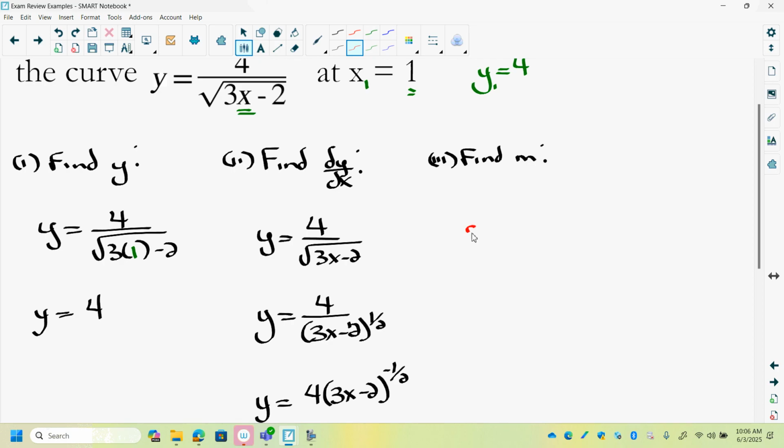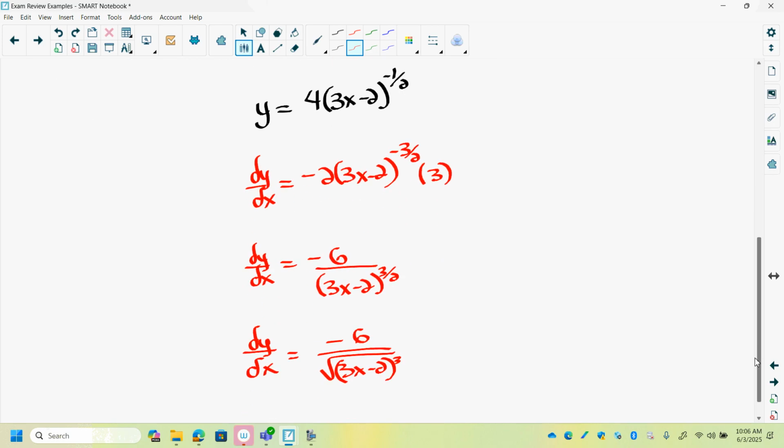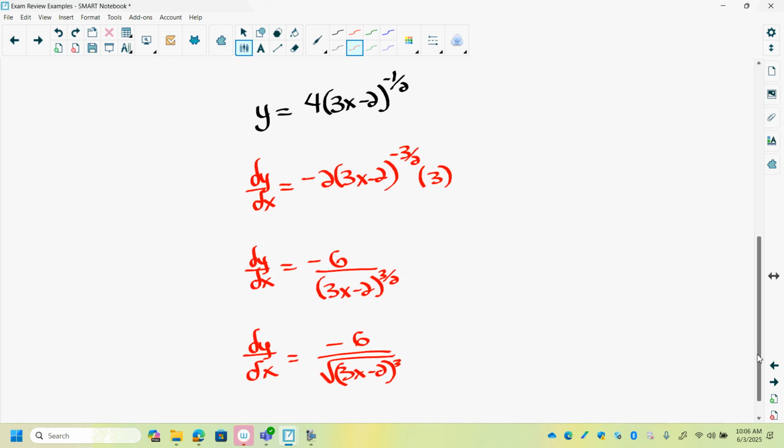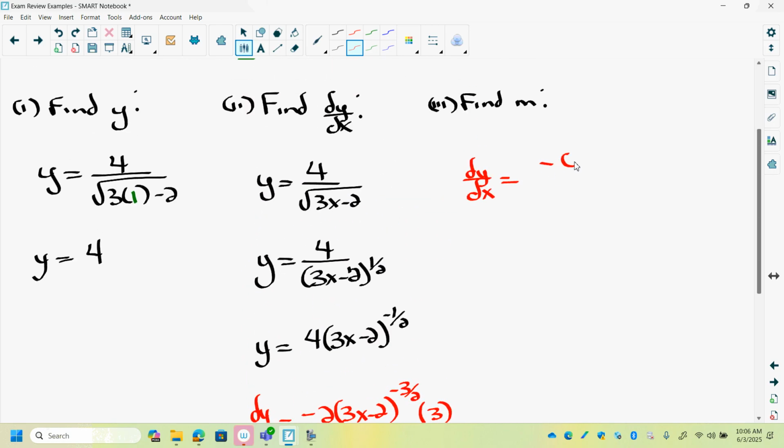Well, in order to find the slope of my tangent line, I am going to take this formula, negative 6 over 3x minus 2 to the power of 3 over 2, and I'm going to fill a what in? That's right. Fill a 1 in for x.